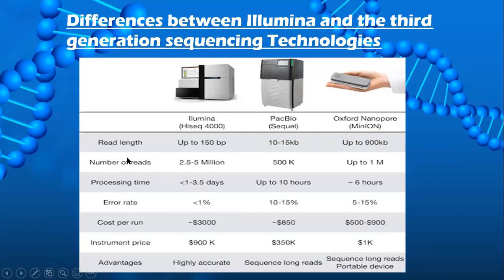With Illumina HiSeq 4000, the read length is just 150 base pairs, and with the PacBio Sequel, it is 10 to 15 kilobases.